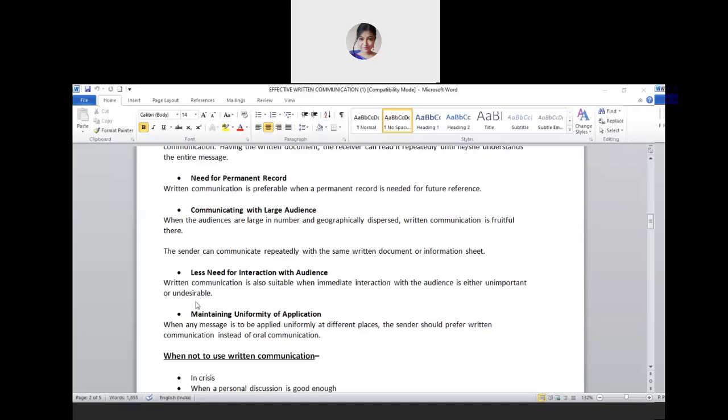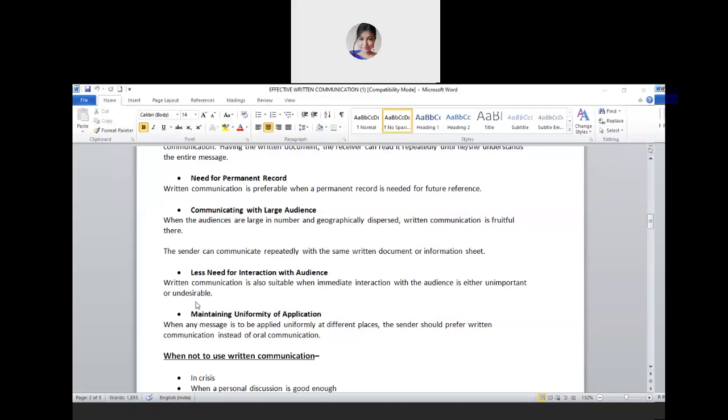So that is why I will use the written mode of communication. When you do not need to interact for a longer duration, when there's no requirement of interaction which lasts for a longer duration, then you can just use the written mode of communication.